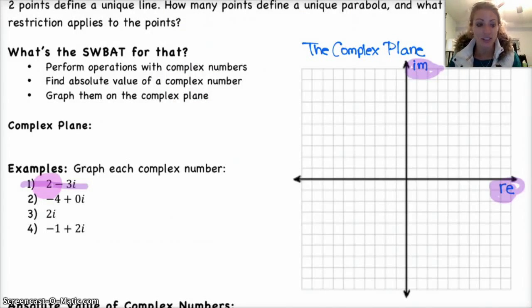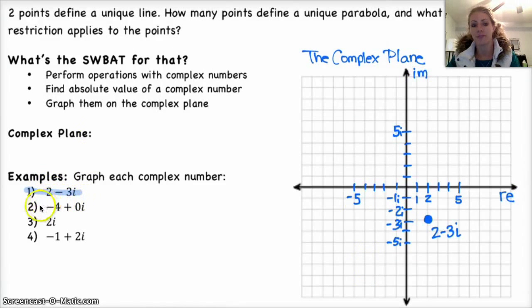Here's 1, here's 2, so I go to the right 2, and then minus 3i, I have to go down on the imaginary axis. So 1, 2, 3, that's the negative 3i part, so my point, 2 minus 3i, is right here.